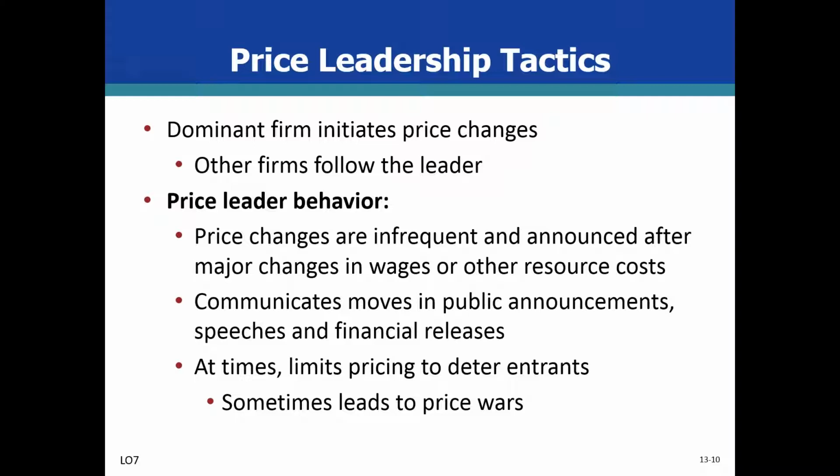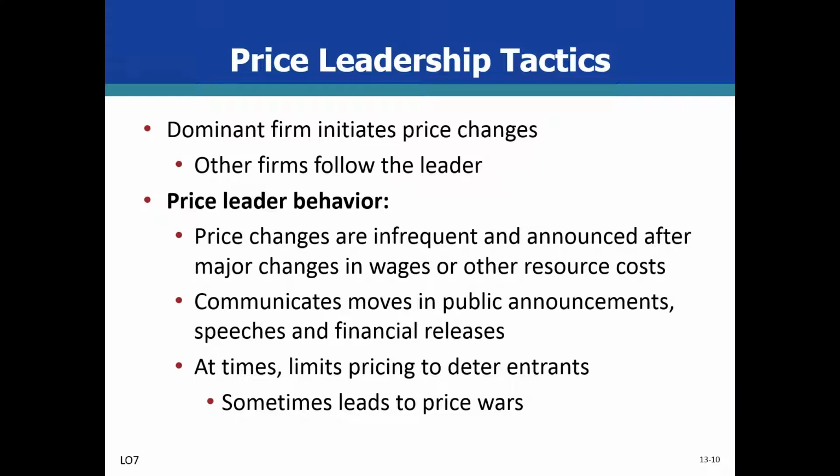Sometimes the price leader has a different motivation: keep other firms from entering the market. Thus, they will limit pricing to keep returns low if they think there is a significant opportunity of disruptors entering the market. This strategy sometimes leads to price wars, as not everybody is willing to go along with price-limiting strategies.